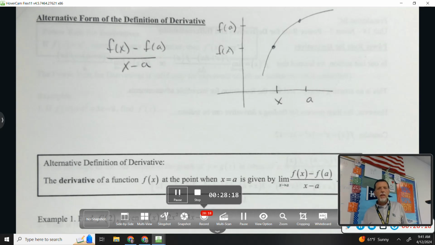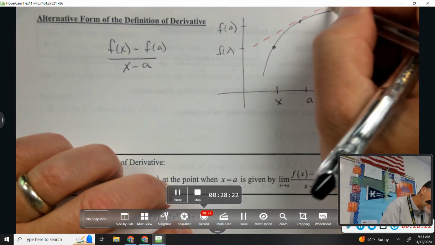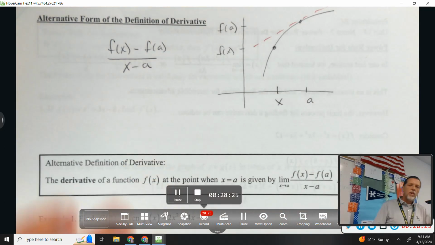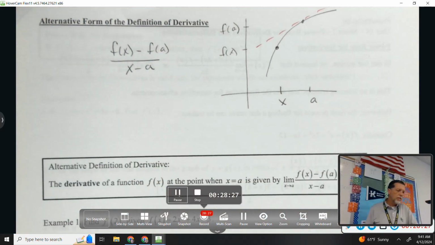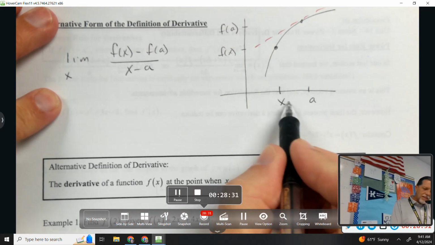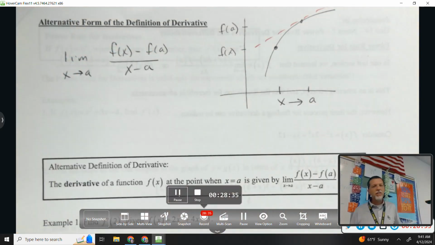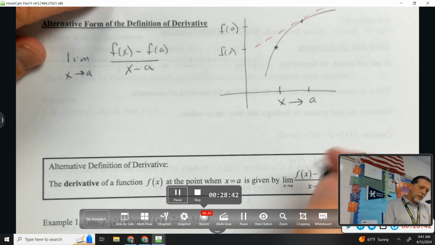This time though, I want to find the tangent line at a. So I would really like for x to get closer to a. If x goes to a, then I'll have my tangent line. So there's my alternative form.